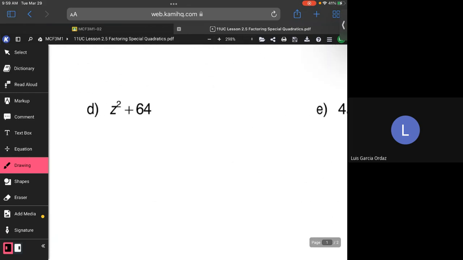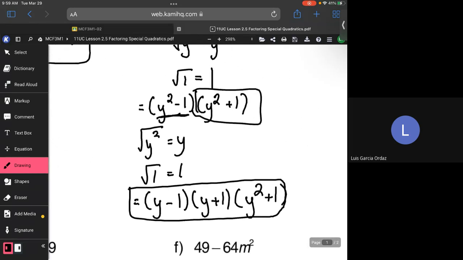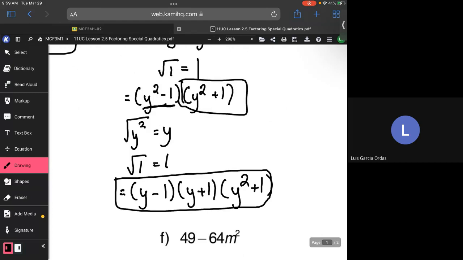So the reason why we have to keep y squared plus 1 is because even though it's not a difference of squares, it's still a factor from the whole expression. So we have to keep it throughout, even though we can't do a difference of squares again.